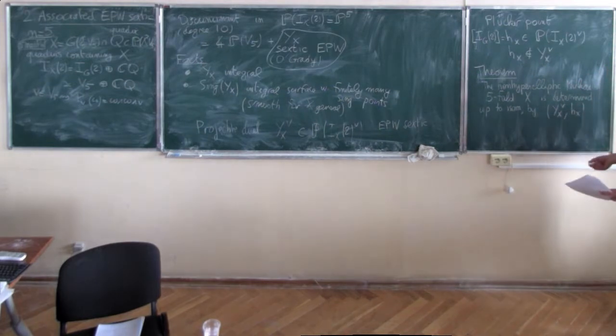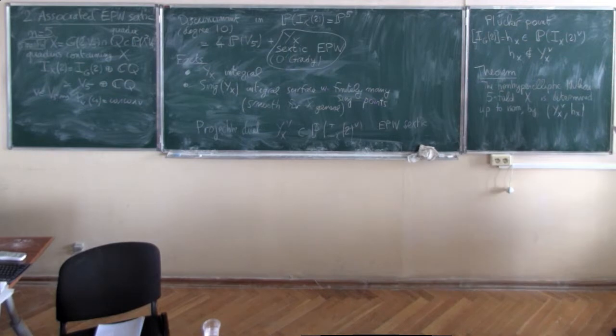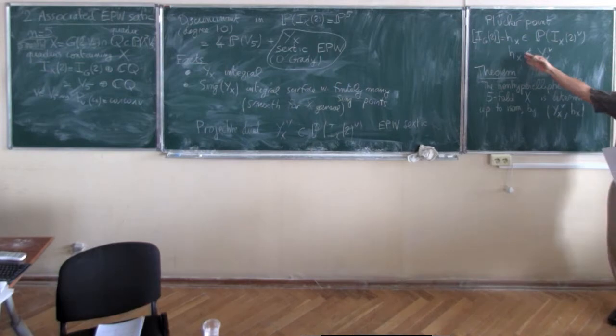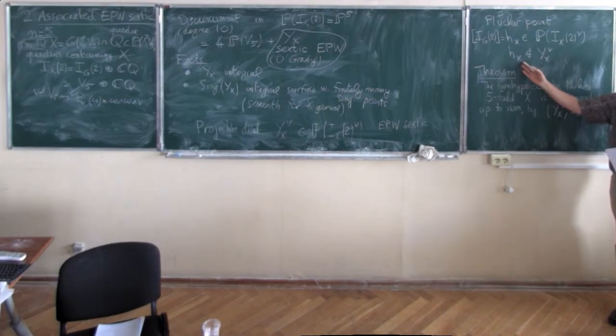More precisely, I want to say that there's a one-to-one correspondence between isomorphism classes of non-hyperelliptic Nikulin fivefolds and sets of pairs consisting of an EPW sextic or dual EPW sextic and a point not on it.